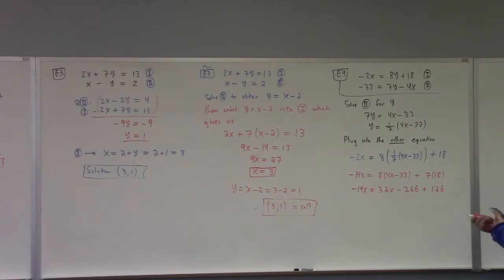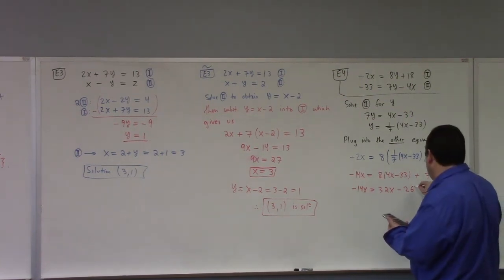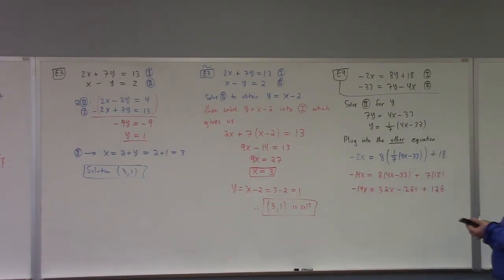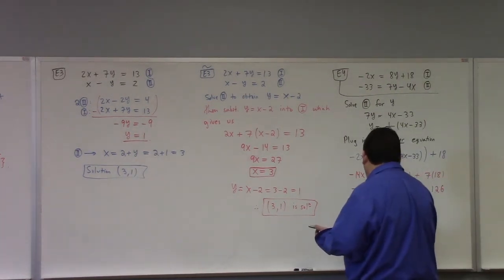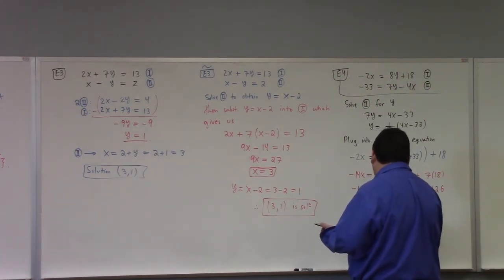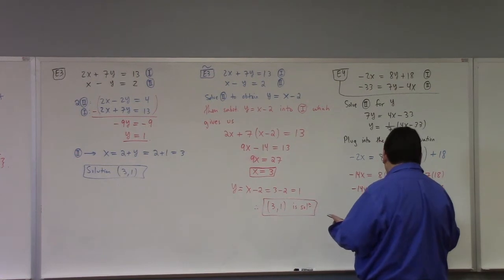Yeah, see, for example, that wasn't 266, that was 264, my bad. There we go. Okay, so 126 minus 264 is 138. So I've got minus 14x minus 32x equals minus 138.